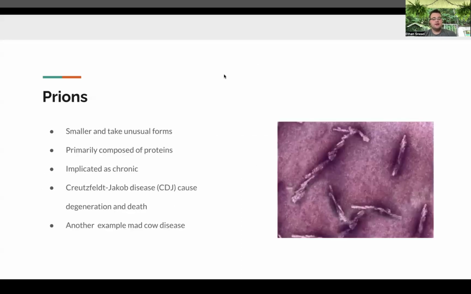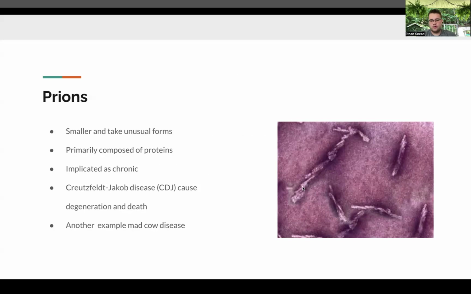Now, last but not least, we're going to talk about prions. Prions are similar to but different from viruses in their size and shape, as prions are smaller and usually take unusual types of forms. We can see that right here to the right. This is a microscopic image of a prion.